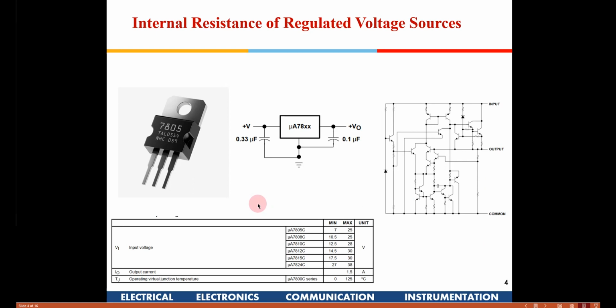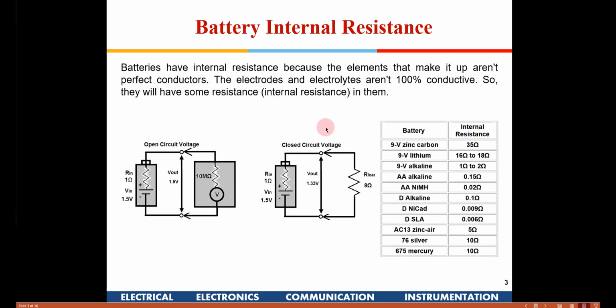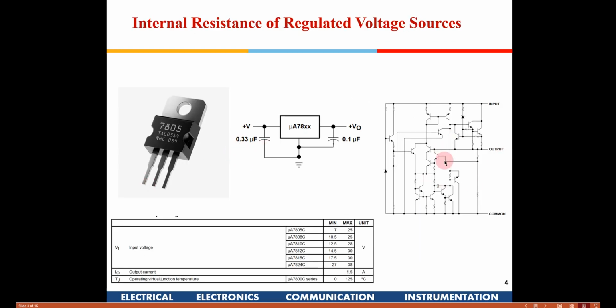The answer should be no. In case you have a regulated power supply, then you can assume that the series resistance is 0, because as the load current increases, internally a feedback network ensures that the output voltage remains constant and doesn't fall. So you don't have this IR drop in this voltage regulator. That is the reason you can consider this to have 0 series resistance. Is it okay?